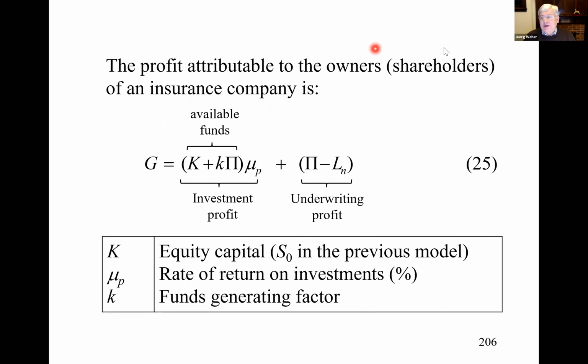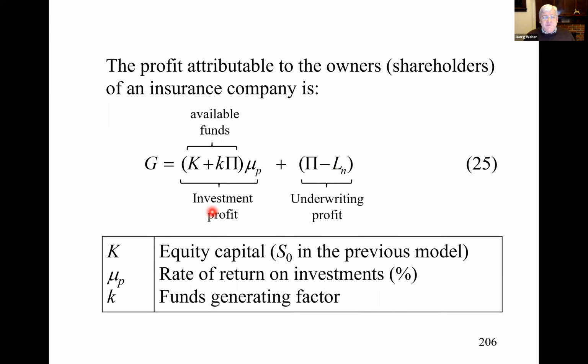Now, equation 25 gives us the profit attributable to the owners or shareholders of an insurance company. So the profit of the insurance company, which then really belongs to the shareholders, that's the underwriting profit that we just had before. Total premium income minus expenses for underwriting and the expenses for the payments to the insurance buyers.